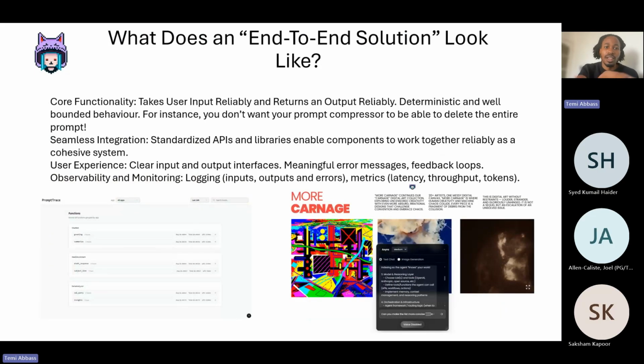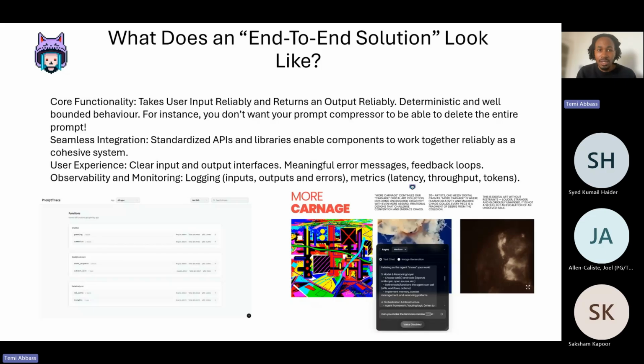But what does an end-to-end solution look like? I've said it a lot. You've probably seen it in the schedule, or some of the other material I might have sent you. An end-to-end solution basically comprises a few core things. Firstly, core functionality. It takes a user input, a data point or a trigger of some sort, and then returns an output reliably.